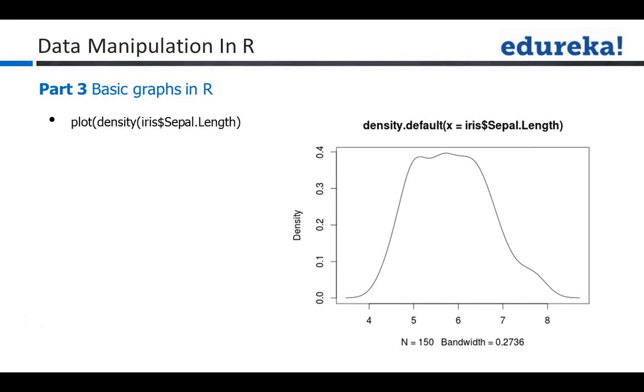So for example, here they have plotted the density, but this histogram is a frequency distribution in a discrete sense, and this is a frequency distribution of a continuous variable. If you just plot the density, it gives you a continuous plot which gives you a sense of the probability distribution of sepal length.